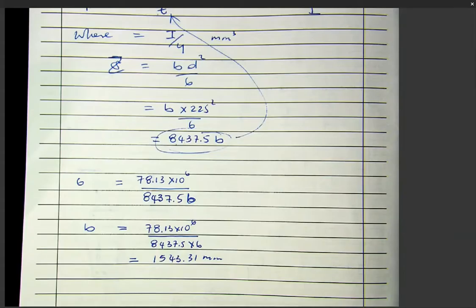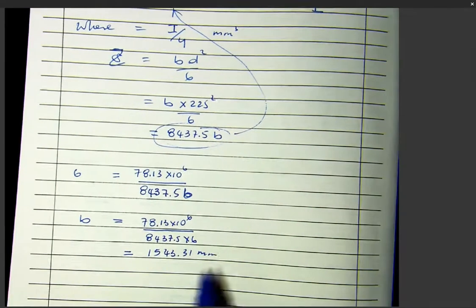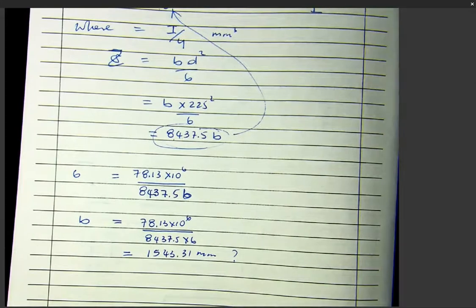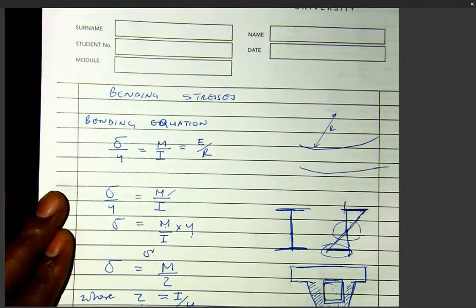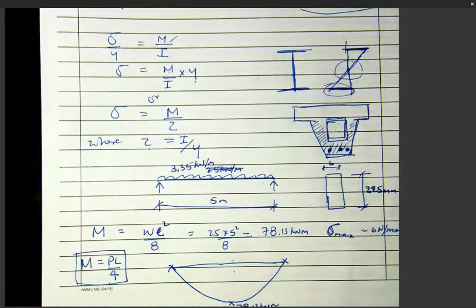I see what I did wrong here, guys. My assumption for the load of 25 kilonewtons is too big, it's too much. Hence, I'm getting an answer that is meaningless. So I'm going to reduce that load to 3.35 kilonewtons per meter.